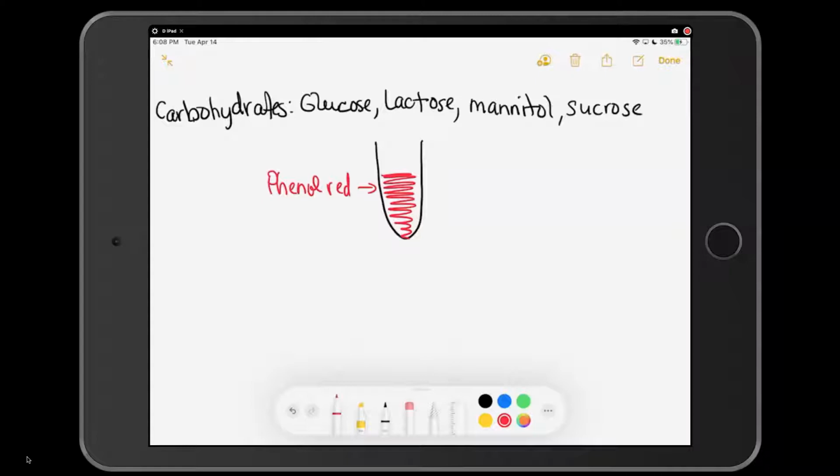So phenol red is our color reagent that we use as a pH indicator. And it will let us know if there is a change in pH, and this is going to be reflected by a color change. Phenol red is red at a neutral pH, and it will change colors if the solution turns acidic or if it turns alkaline.